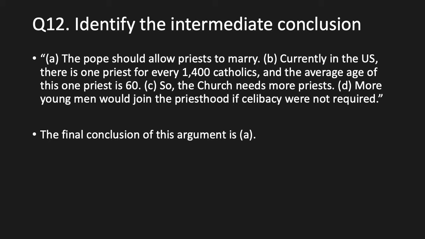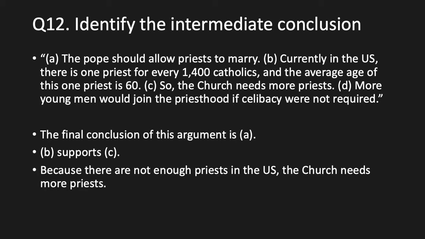Now, once you have this understanding of the argument, then you can clearly see that B is there to support C. Why does the church need more priests? That's because there's just one priest for every 1,400 Catholics, and that one priest is a bit too old. They're 60, right?